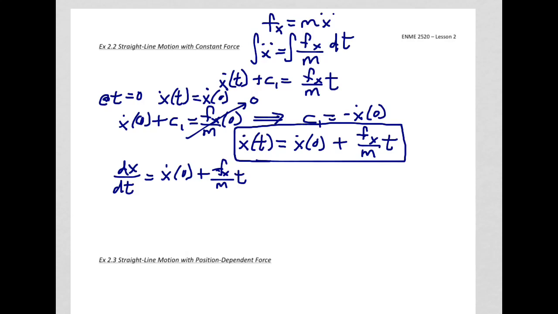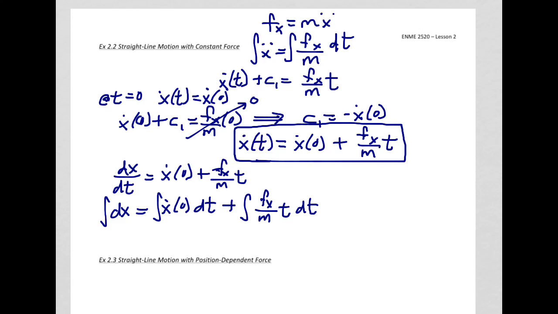We're going to multiply through by dt and then integrate both sides, which will give us dx equals x dot at our initial time dt plus f of x divided by m t dt. And here's where we integrate both of our sides.